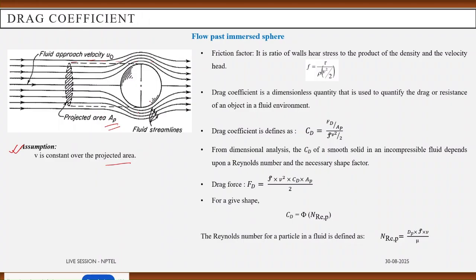So for this kind of scenario, if we want to define the drag coefficient, first of all, we know that the friction factor is defined as shear stress divided by density into velocity square.